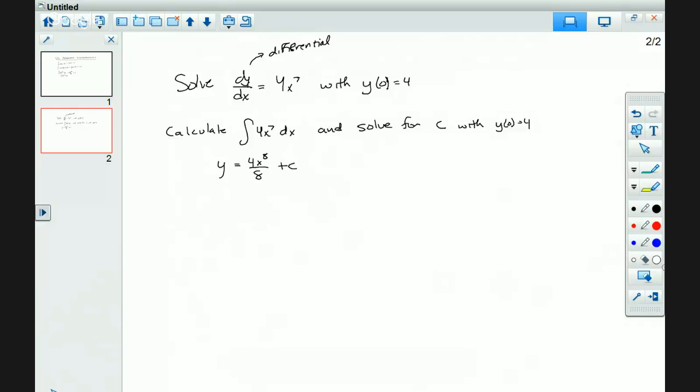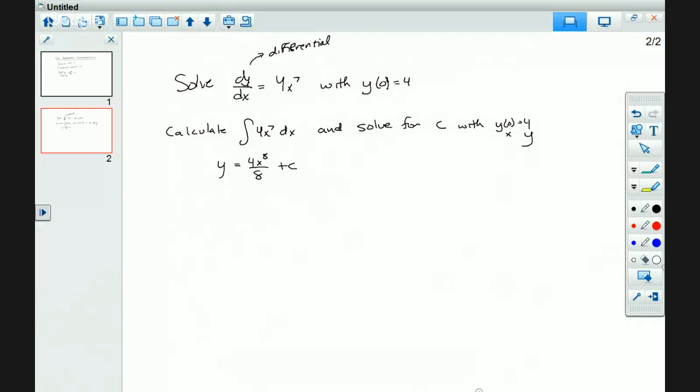So we've undone the derivative. Now we're at the original function again. So we're going back and forth here. We have undone that differential. Now it's y. Now you have an x value and you have a y value. You plug them in and solve for c.